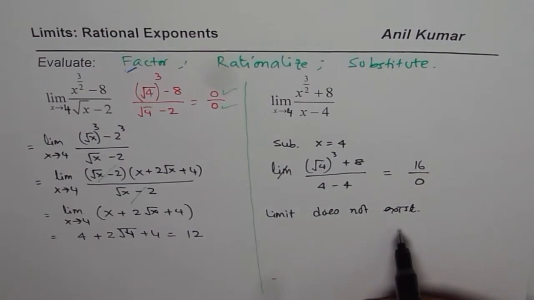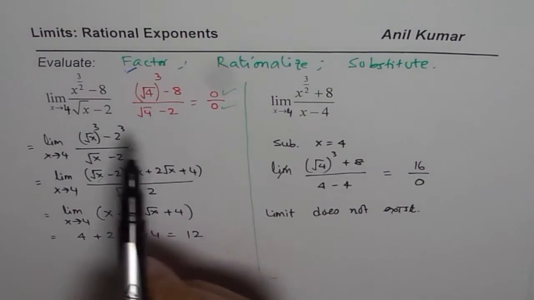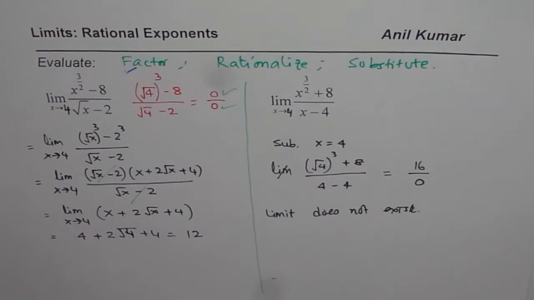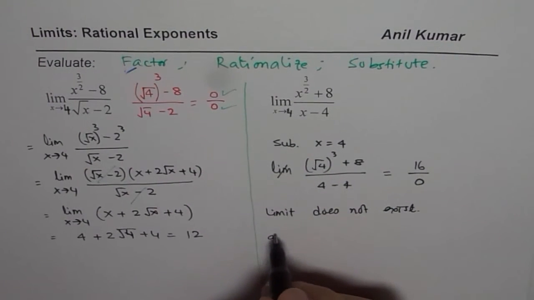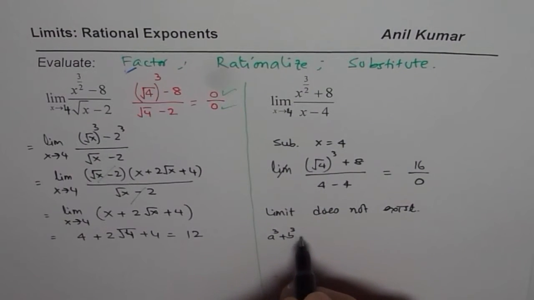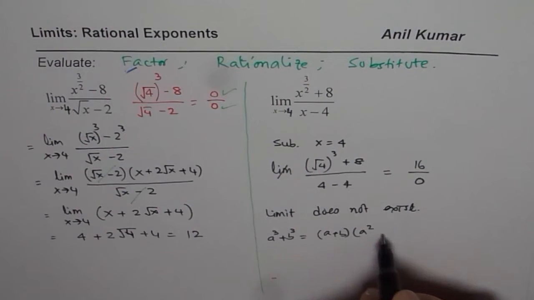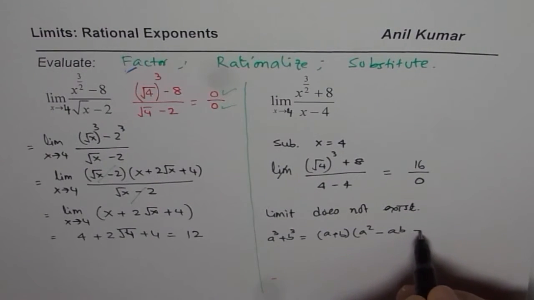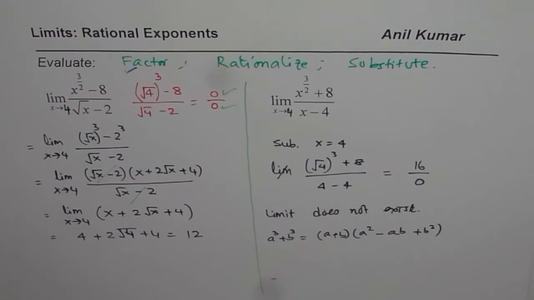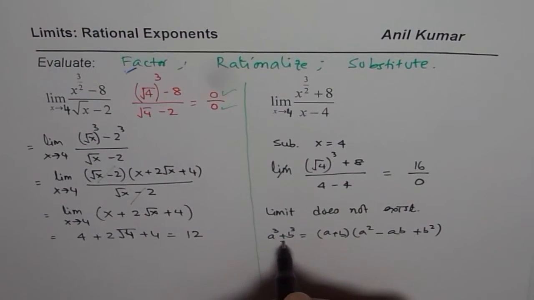Now what you can also do is factor as we did here. The formula will be a cube plus b cube, right? So you could adopt the a cube plus b cube formula and check for yourselves whether you get some answer or not. Here what we used was a cube minus b cube.